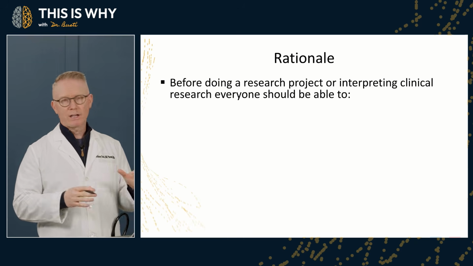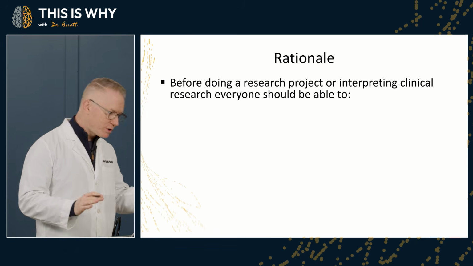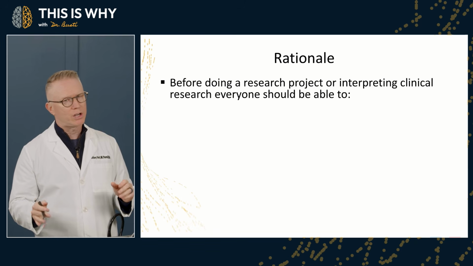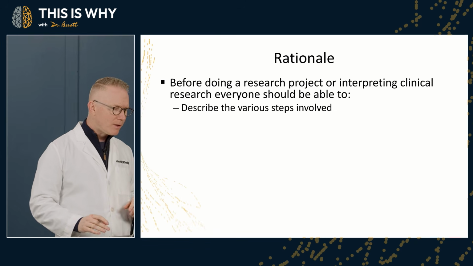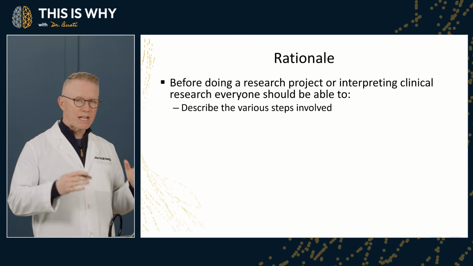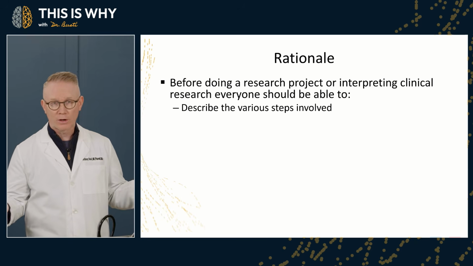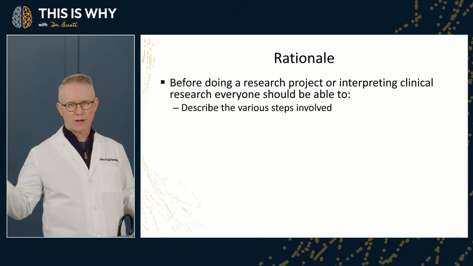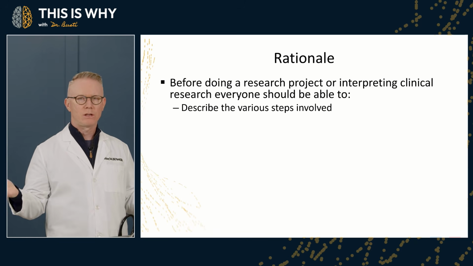Now, before conducting or interpreting clinical research, everyone involved, whether you're the researcher or the clinician, should understand several fundamental concepts. You should understand the steps involved in the research process that I've defined, how to develop a null and alternative hypothesis, which I'm going to cover in the next lecture in this series.